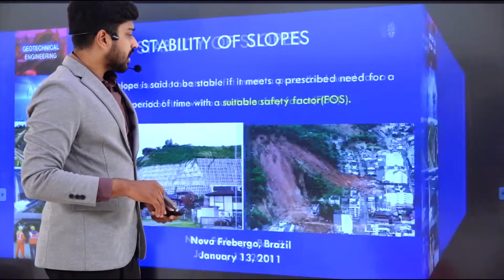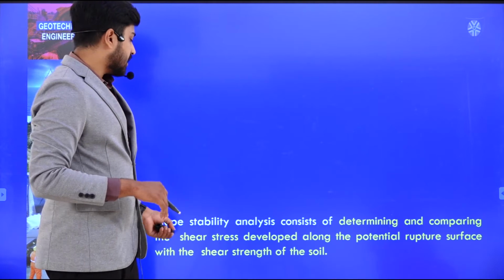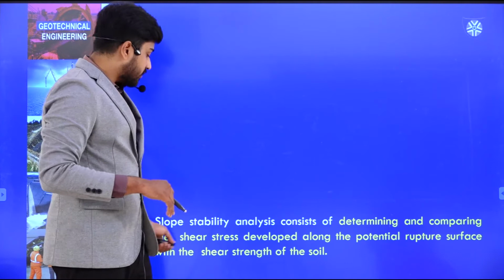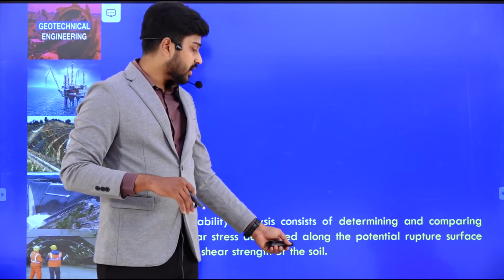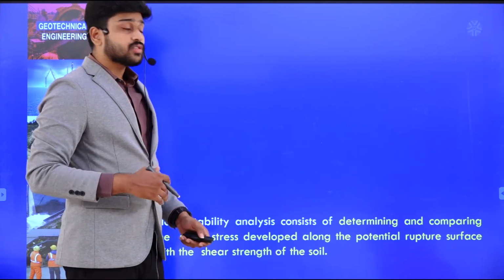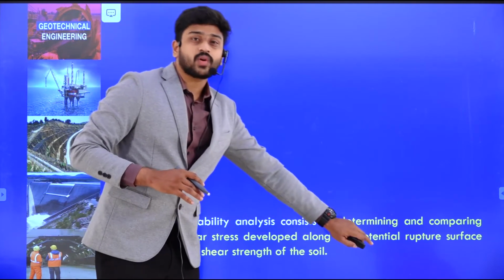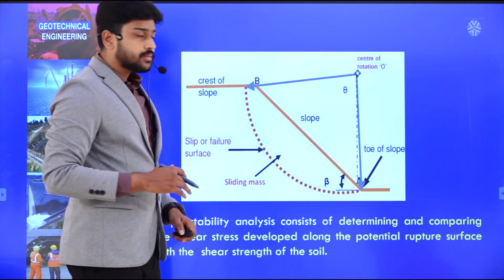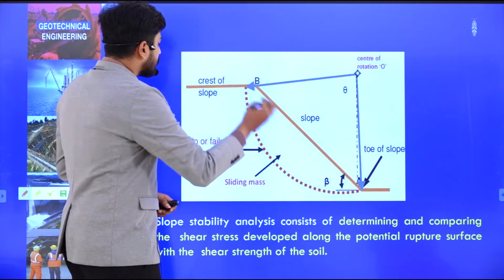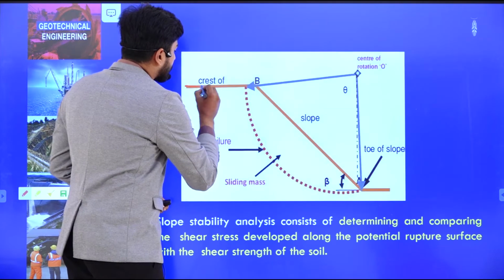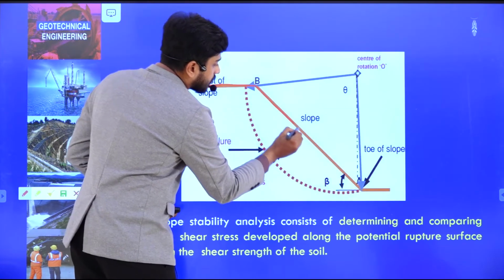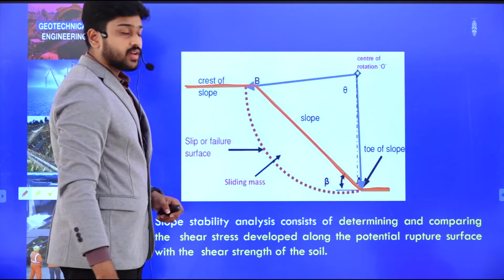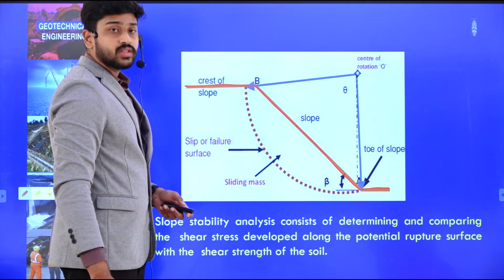Coming to the other part, as I have stated, the stability analysis consists of the determination and comparison of the shear stresses developed along a potential failure surface. So let us look at what we mean by this potential failure surface. If you look at this diagram, this orange line is my slope surface. You need to understand this terminology.